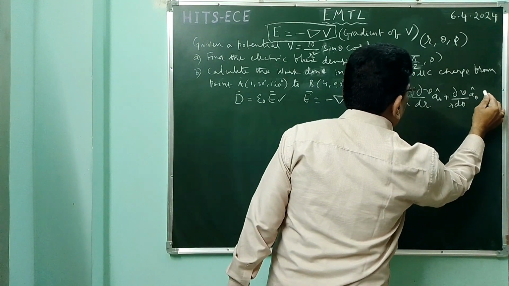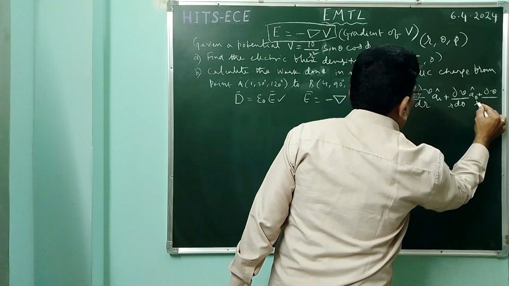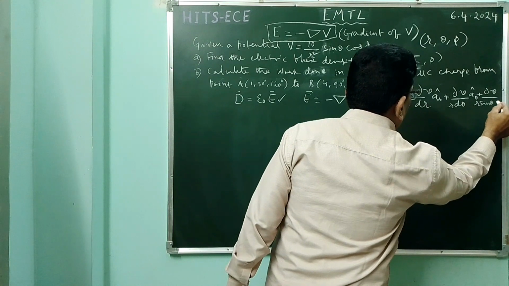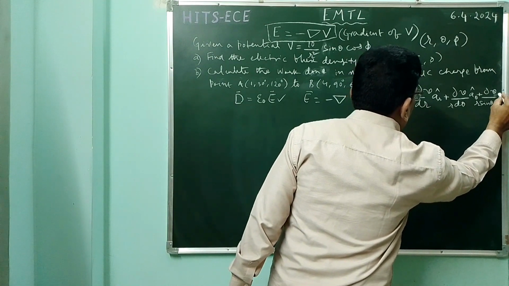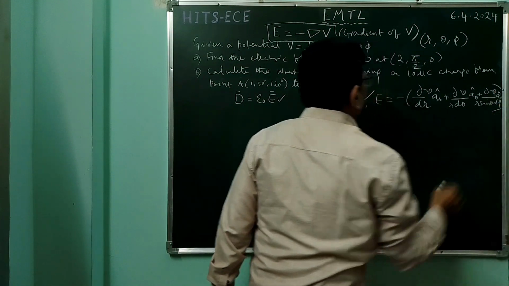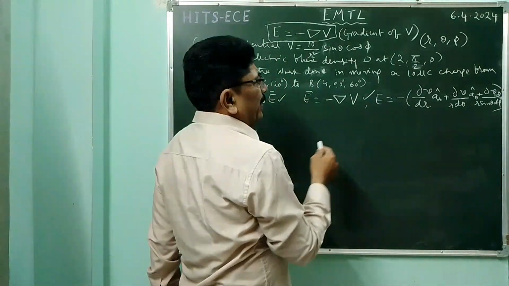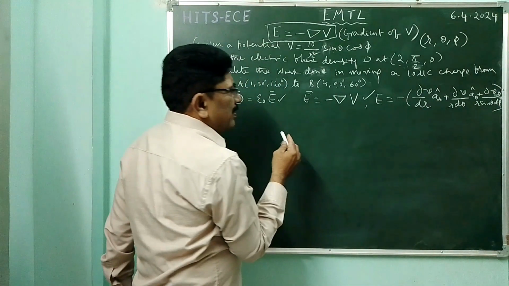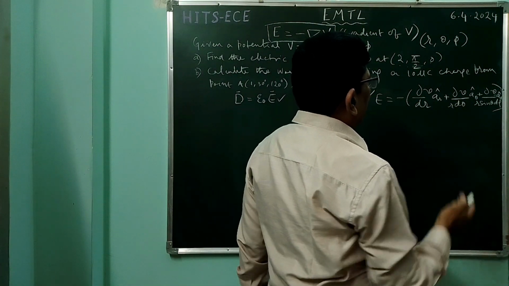A theta cap is a unit vector, plus dV by r sin theta d phi a phi cap. Here a phi cap is a vector. We will use this expression now for finding del V. We will consider term by term and then add all the terms.